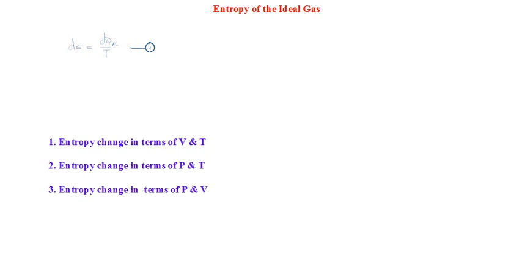And here if you analyze this equation, on the left side you have an exact differential. We have seen that entropy is a state function and hence it is represented by an exact differential, whereas in the numerator of the right side you can see d̄qr, which is an inexact differential.